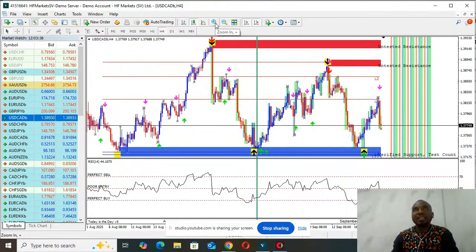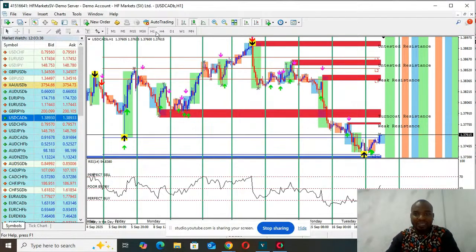Now there are basically five ways to use the software: weekly cycle trading, swing trading, day trading, scalping, or what they call sessional trading, meaning trading in sessions.